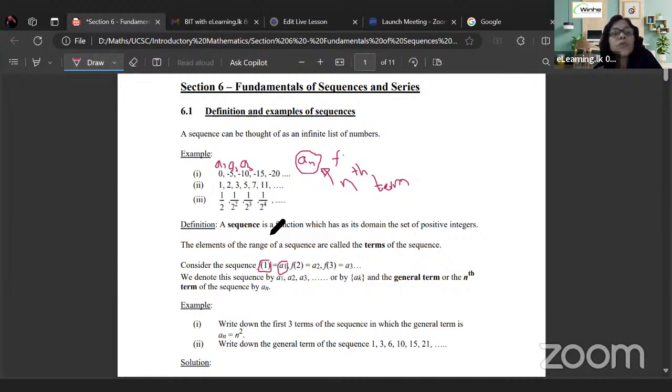So what is the fifth term of series 2? Consider this series. What is the fifth term of the second series?